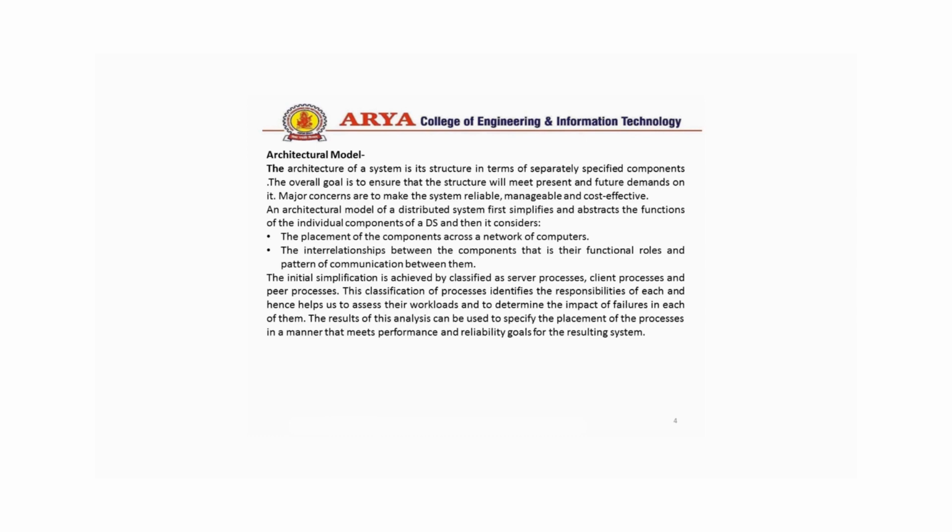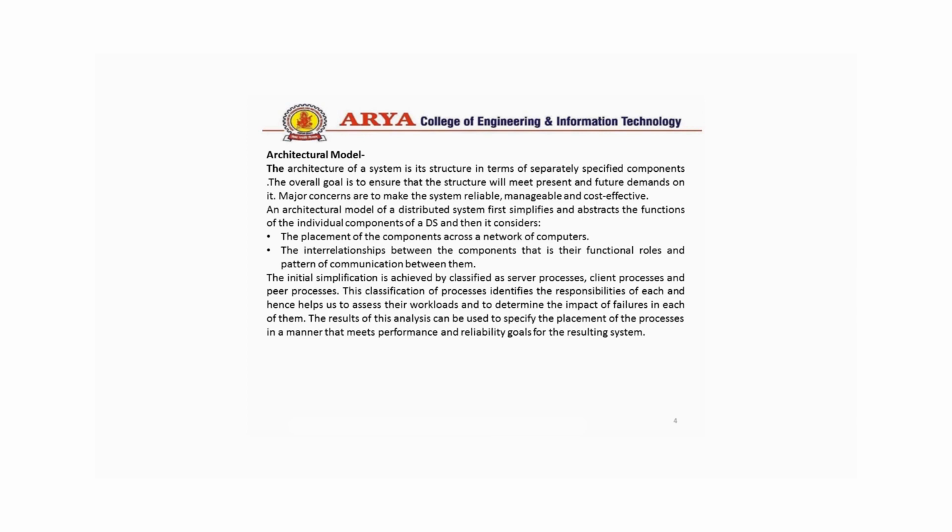An architectural model of a distributed system first simplifies and abstracts the functions of the individual components of a distributed system, and then it considers the placement of the components across a network of computers, the interrelationship between the components, that is their functional roles and the pattern of communication between them.